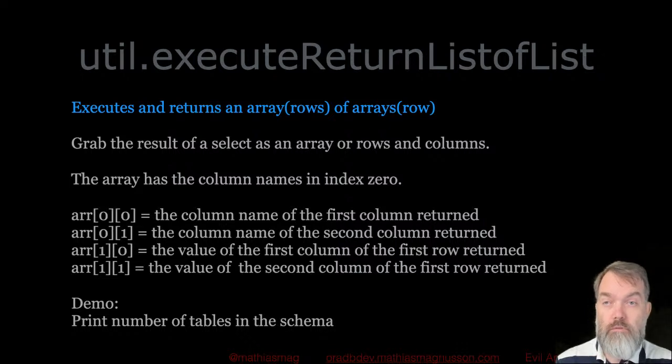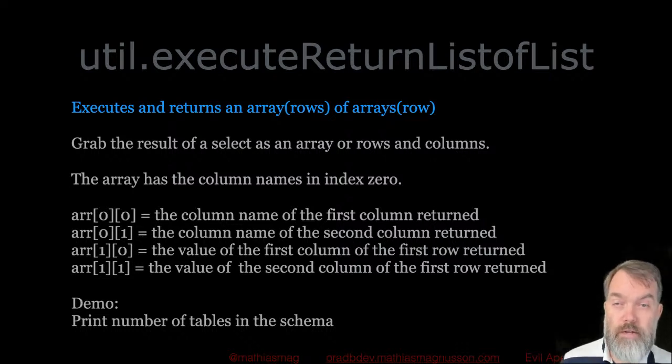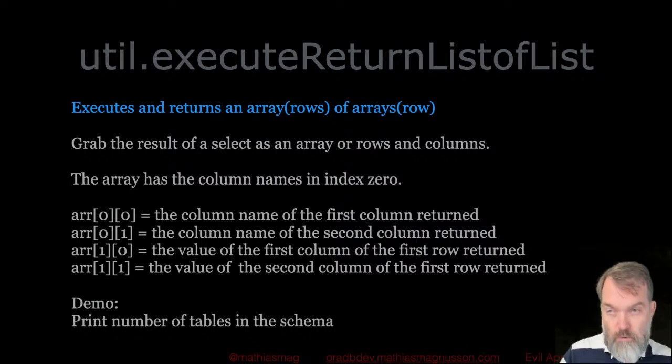The column name of the first column comes in 0, the second column comes in index 1, and so on. Then on index 1, we're going to find our first actual data value, and that is for the first row. So there we get the row, the data for that column that was in 0, 0, and so forth.